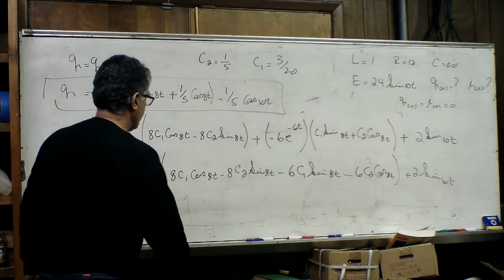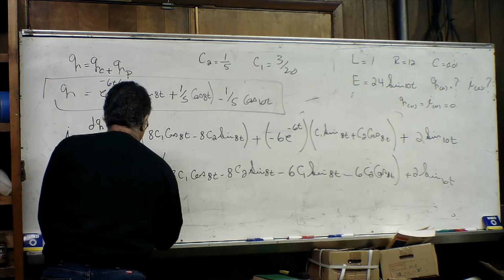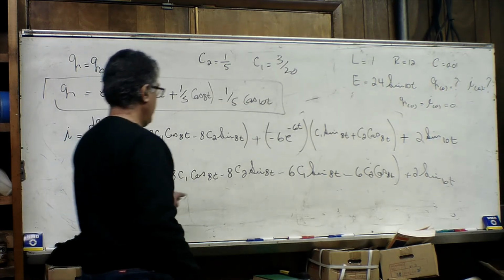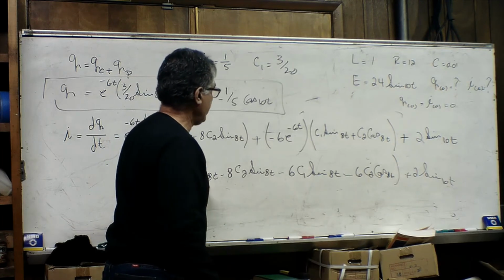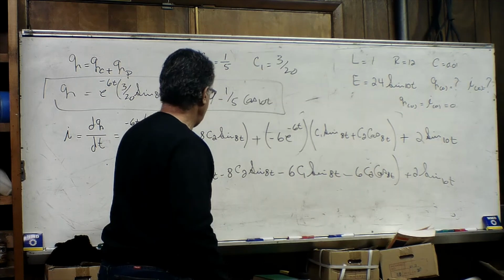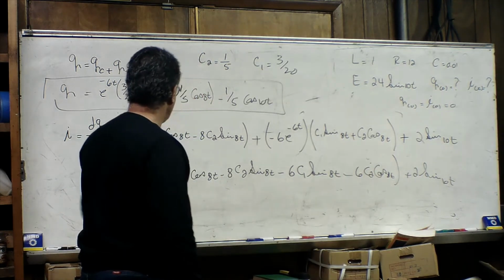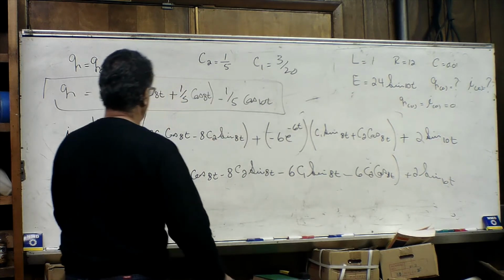So here we are going to have e to power minus 6t multiplied by cosine of 8t, 8c1 cosine of 8t. So let's go ahead and plug those values in there for c1 and c2.